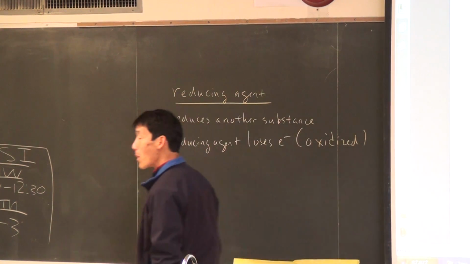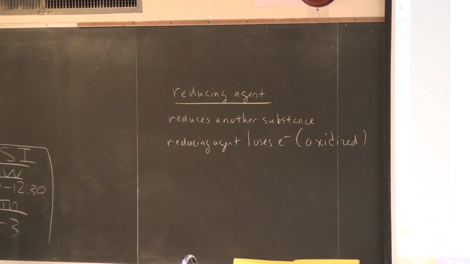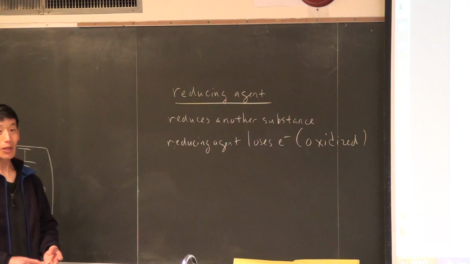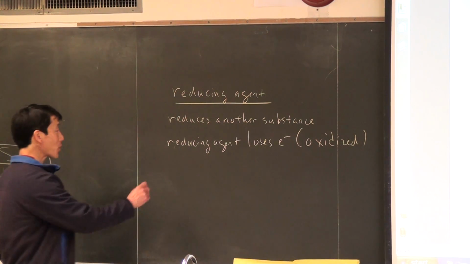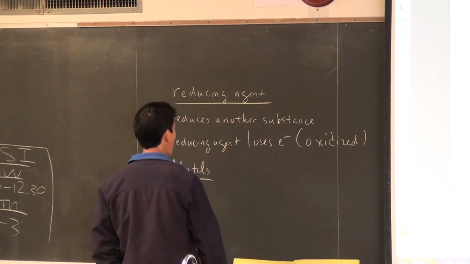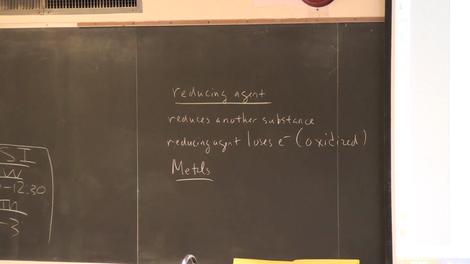So when we compare metals to non-metals, are metals oxidizing agents or reducing agents? So a metal such as lithium, potassium, sodium, copper, all those metals, yes, those are going to be reducing agents, which means that oxidizing agents can be metals or non-metals.